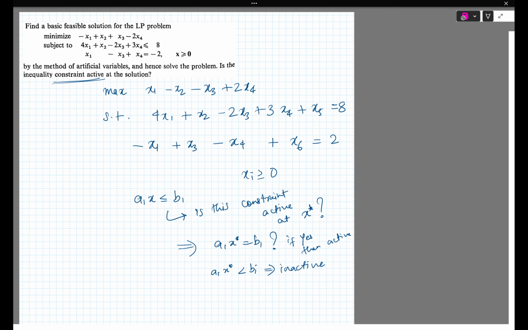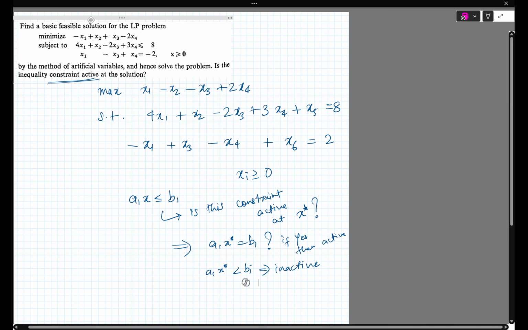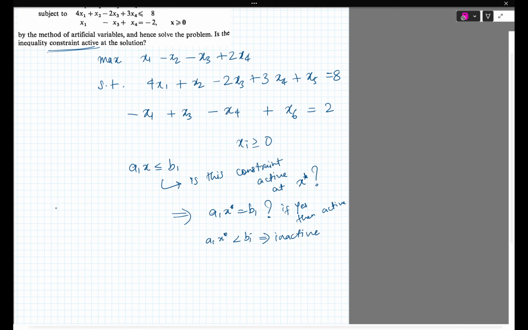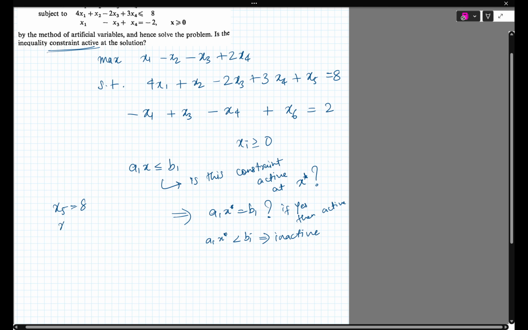So first we have to find the solution. At the solution means initial basic feasible solution or optimal solution? I think at a BFS only. So BFS is x5 equal to 8 and x6 equal to 2, and all others will be 0.